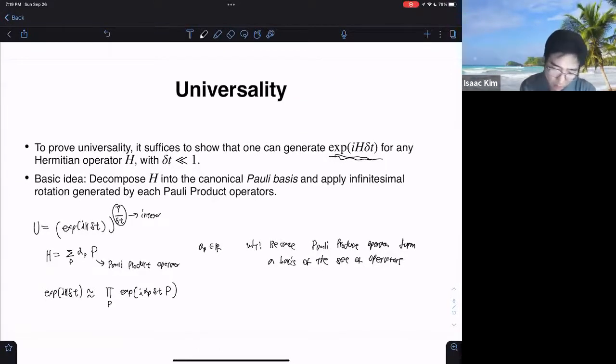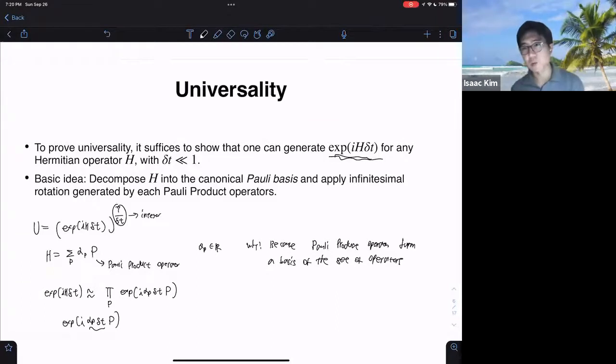And so what you actually only need to show is whether you can implement an operation like this, the exponential of i alpha_P delta t P. Here alpha_P and delta t together are just a very small constant. So how do you do that?